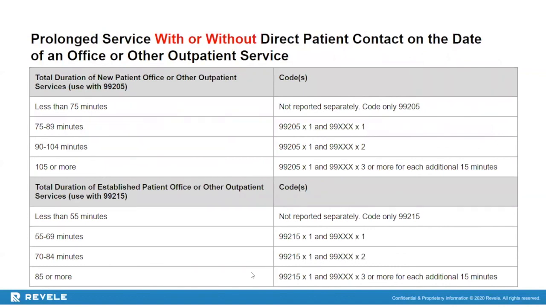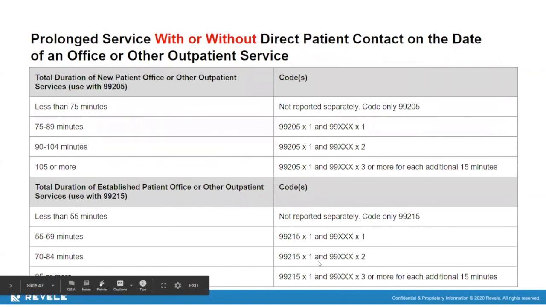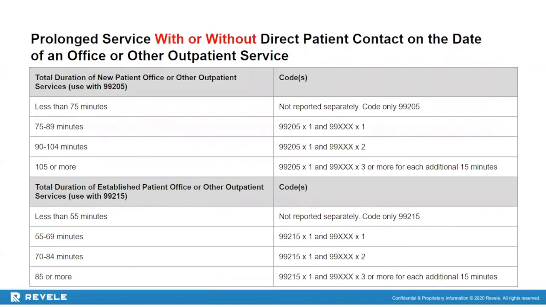So here's a chart for the prolonged services with or without direct patient contact on the date of an office or other outpatient service. If the total duration of the new patient office or other outpatient service using code 99205 is less than 75 minutes, you would only code the 99205. If it's between 75 and 89 minutes, you'll use 99205 one time, and then you'll use the 99XXX one time.